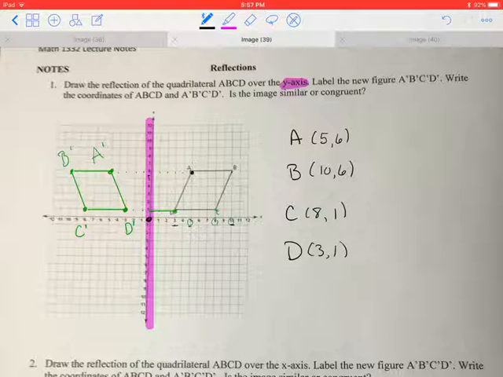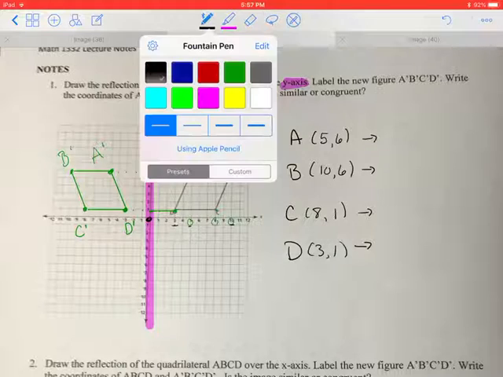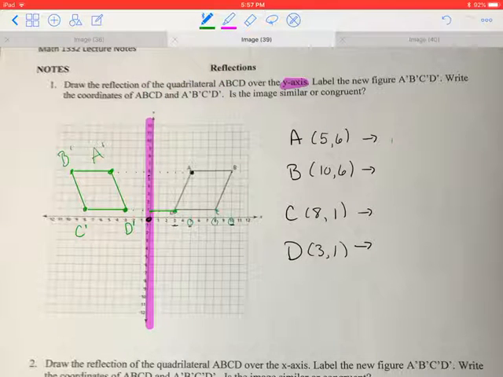So what we want to do is compare that to the points we got after we reflected. So I'm going to match my colors here. All right, so if I look at A prime, if I start in the middle, that is left 5 and up 6. Sorry, my son's playing his French horn, so we'll get music in the back. B prime will be left 10 and up 6.